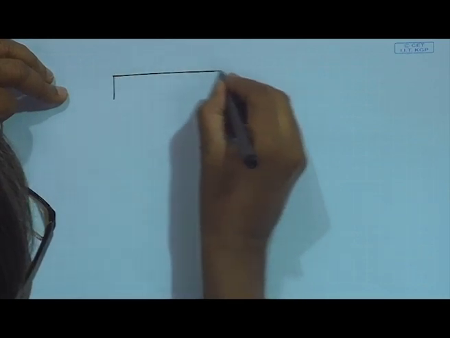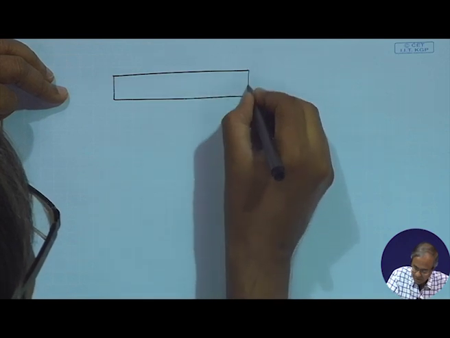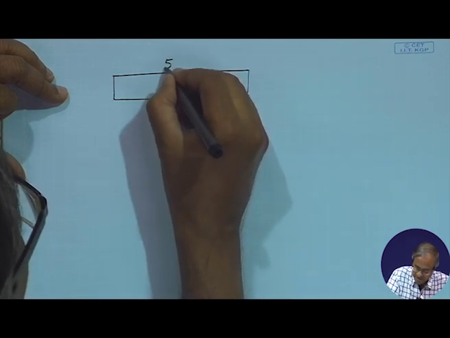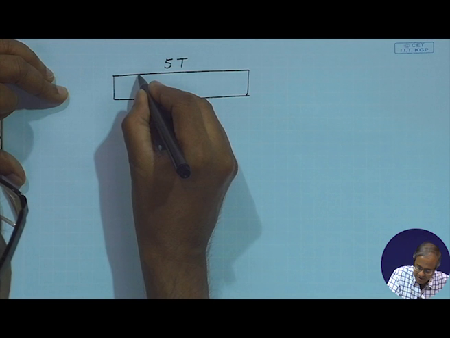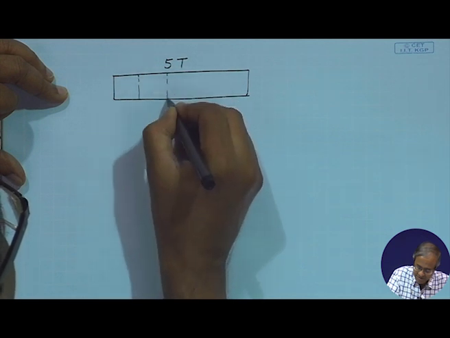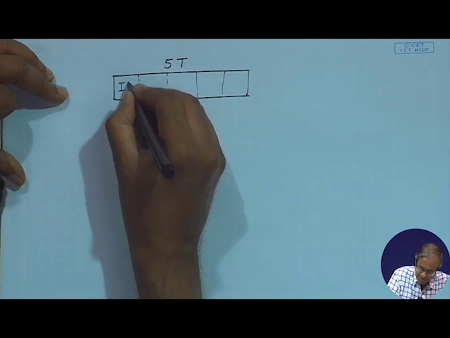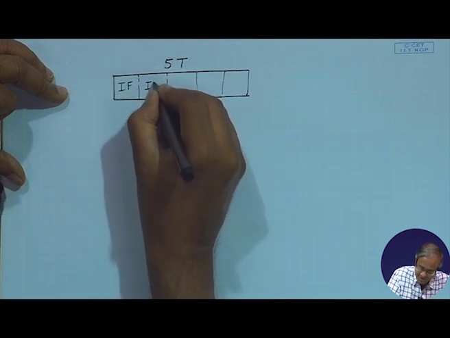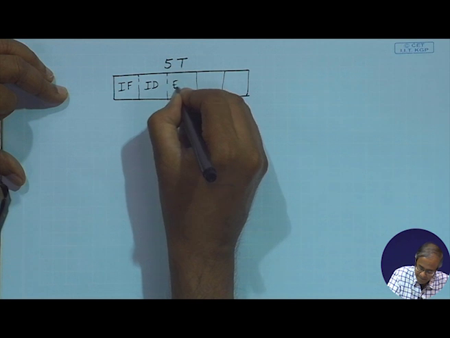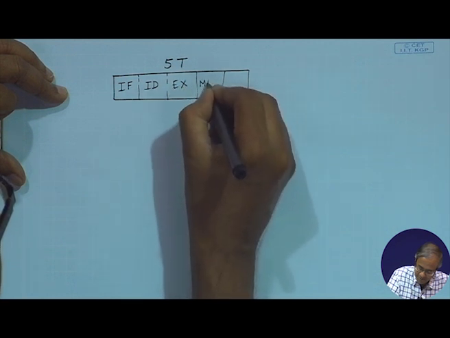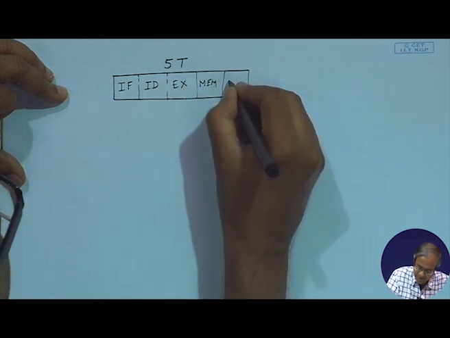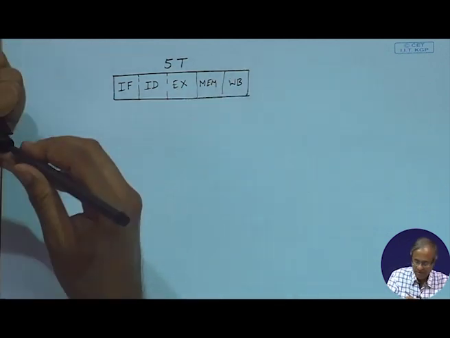So, the total time was 5t, non-pipelined version. There were 5 steps of execution. Let us note them down: instruction fetch, instruction decode, execute, memory and write back.